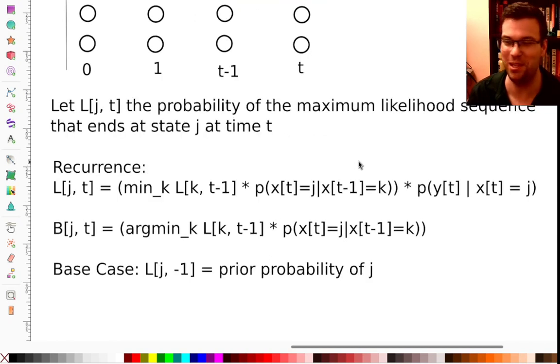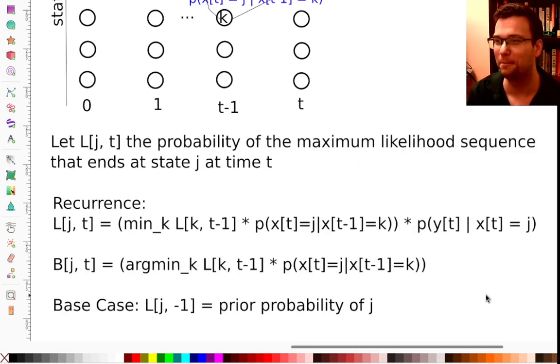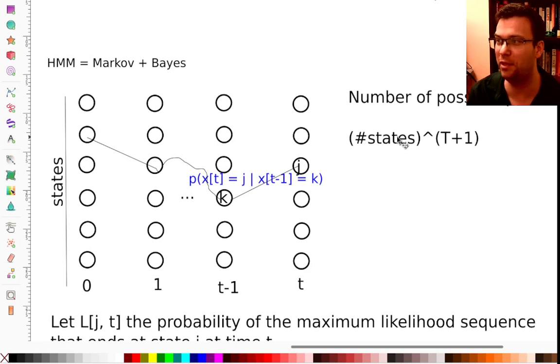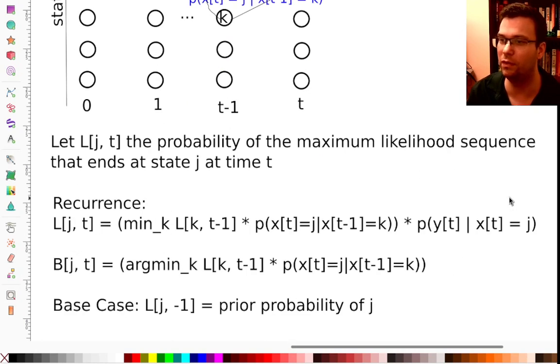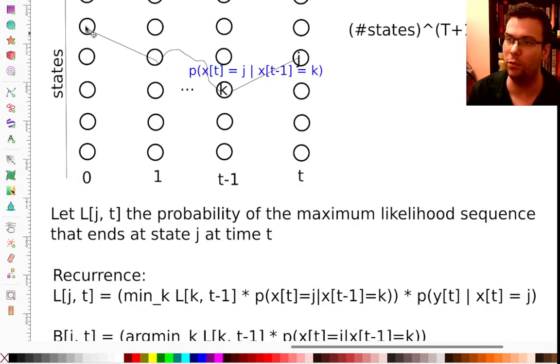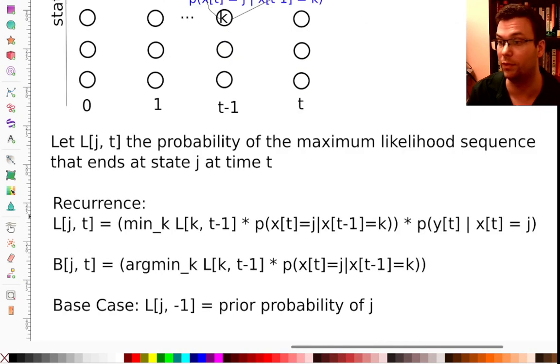Okay, so we have our equations for Viterbi now. And it's going to be a heck of a lot better than exponential, because just like dynamic time warping, we're just filling in a table. This table has as many rows as there are states, and as many columns as there are times.